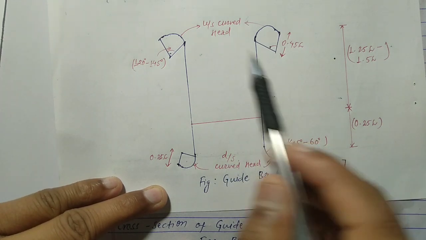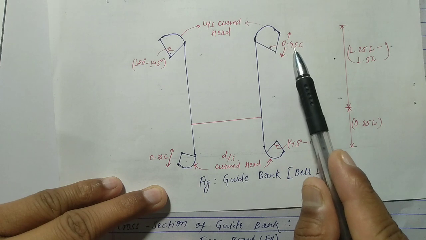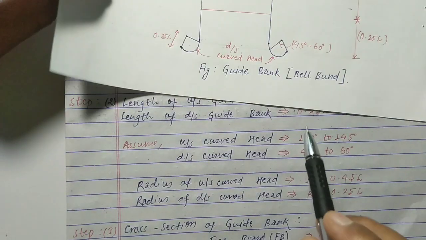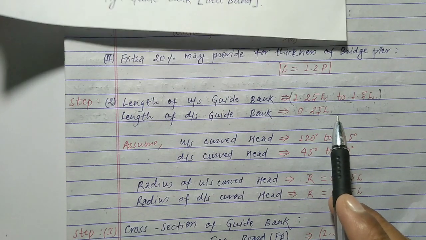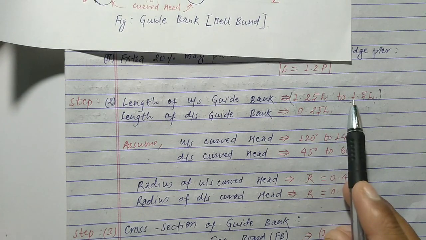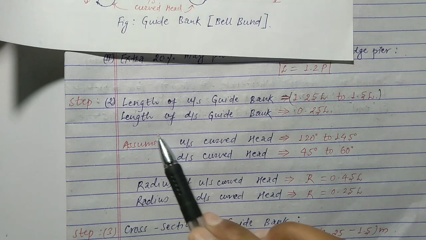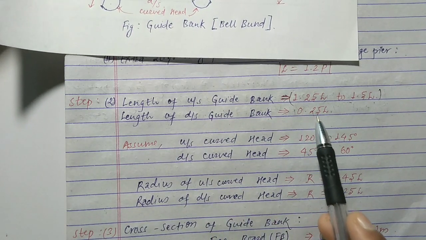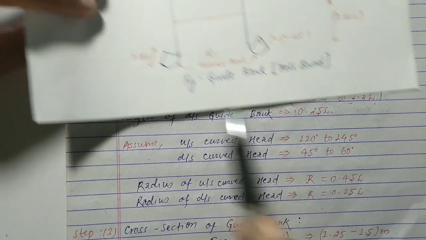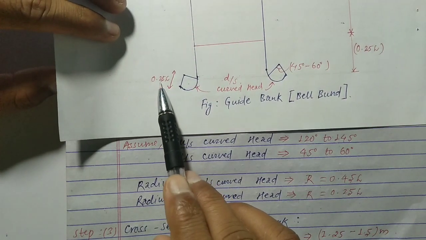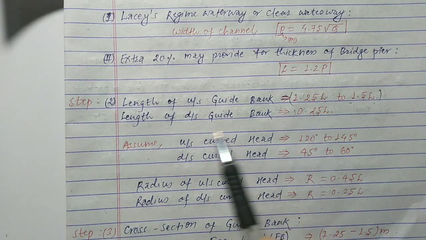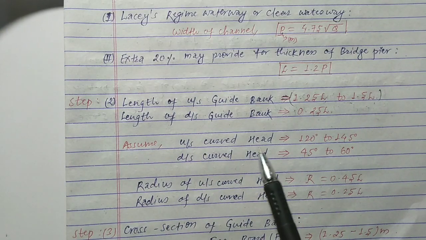For the upstream we have to take this length between 1.25 L to 1.5 L, as we discussed, and the length of downstream guide bank is taken as 0.25 L, as we discussed.